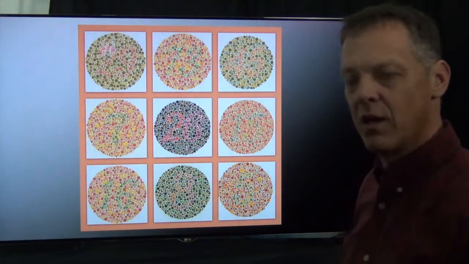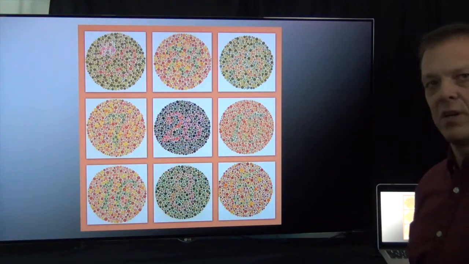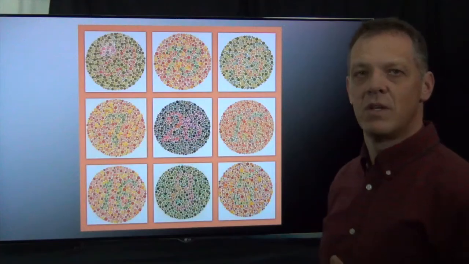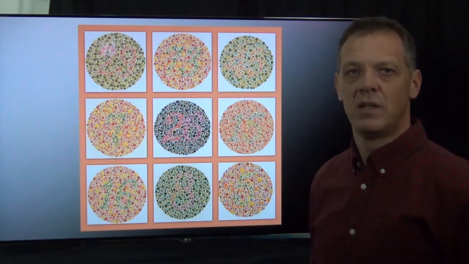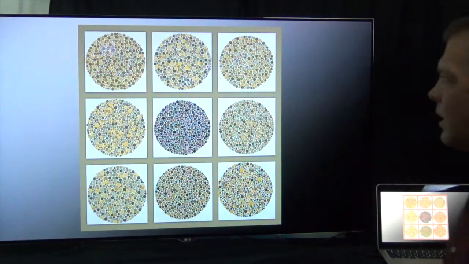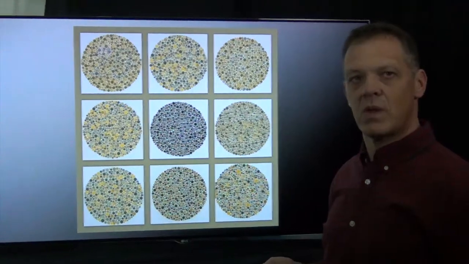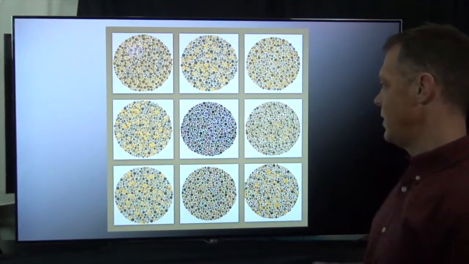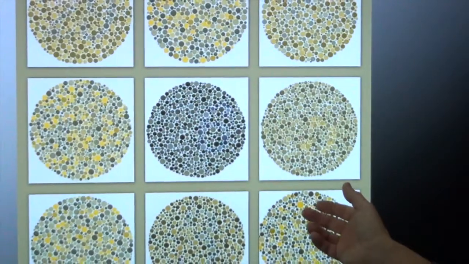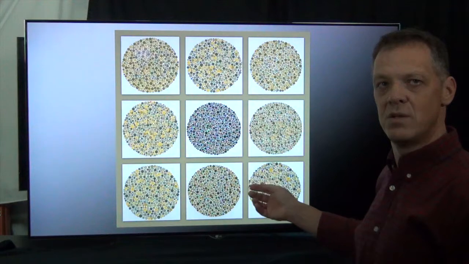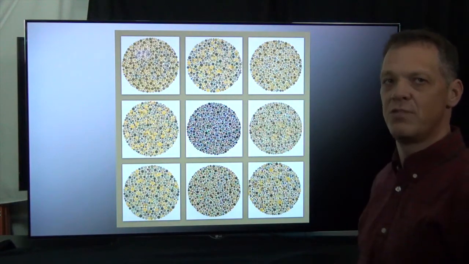So let's first take a look at the simulated red-green deficiency. The image we're looking at shows the standard Ishihara test pattern that is used to test for color vision deficiency.